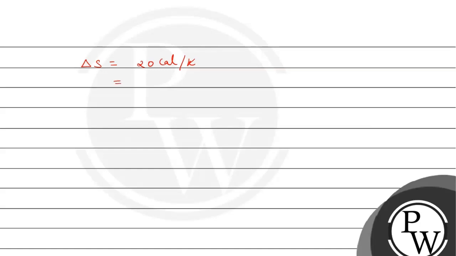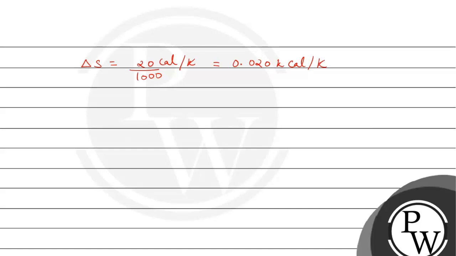So, for that, we have to change into kilocalorie, so we have to divide it by 1000. If we do that, the value will come as 0.020 kilocalorie per Kelvin. So, we have converted delta S in desired unit.